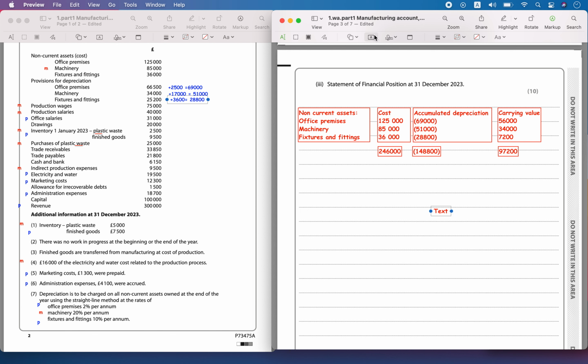Now let's calculate the current assets. The first one is the inventory.